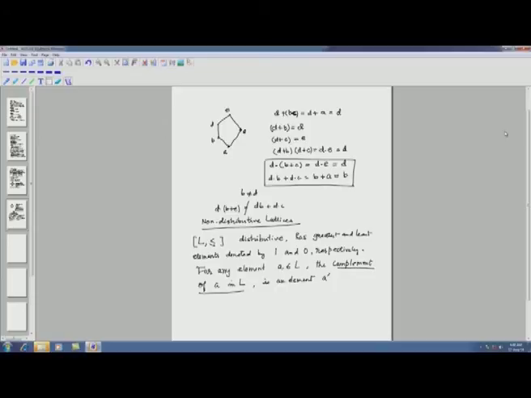We will be writing this as a prime of the original element, such that A plus A prime is equal to 1 and A dot A prime is equal to 0. If a lattice is such that any element of it has a complement, then it is called a complemented lattice.